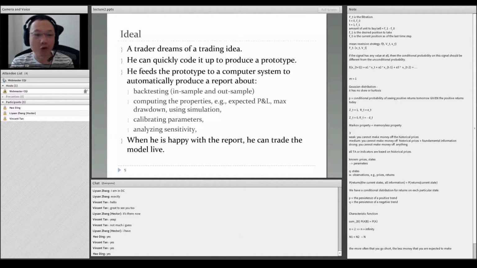And then maybe 10% of the time he spends coding up his strategies. But he should not spend a lot of time in backtesting and all that, because again, these are mechanical tasks. You need to have a computer system to do it. And as I said, this is the ideal scenario.